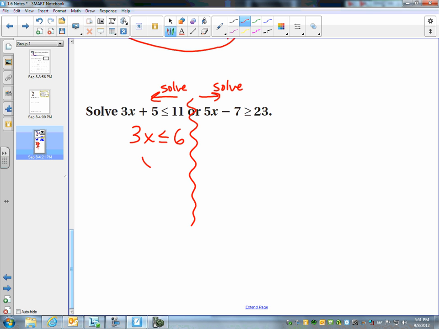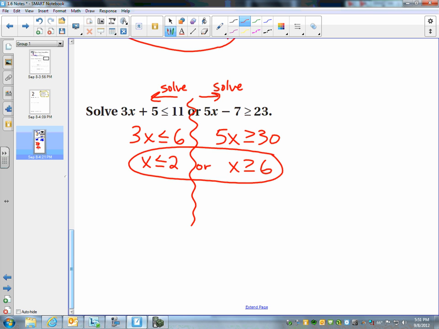We have to get rid of the 3, so we divide. So that's the final answer on the left. Now we solve the right. It's independent and has nothing to do with the left. We add 7 to both sides. We divide by 5. So that's our answer on the right. So what we do is we write an OR in the middle, and that's our answer. Combined, just leave it like that.